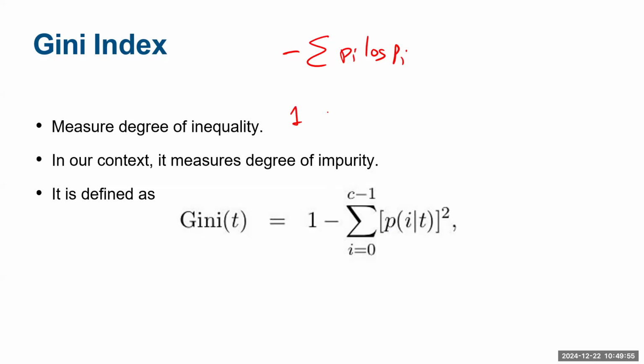So here it is basically 1 minus the sum of p_i squared. Compared to the entropy one, this is a little bit faster to compute, because computing the log actually takes time. But if you multiply the same number twice, it's actually faster.